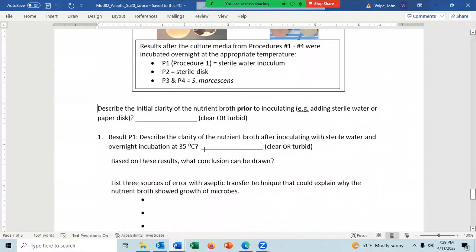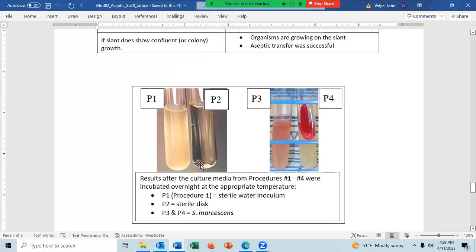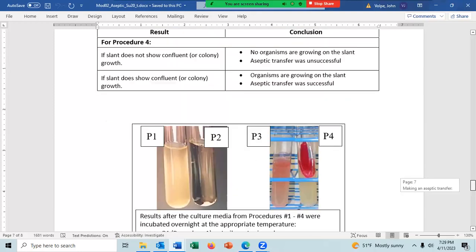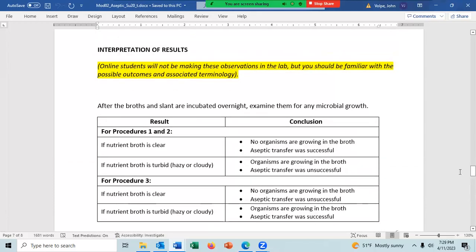And then for the result for picture 1, describe the clarity of the nutrient broth after inoculating with sterile water and overnight incubation. Tell me whether it's clear or turbid. Based on these results, what conclusion can be drawn? So you take a look here, go up to the table, and give me the conclusion.